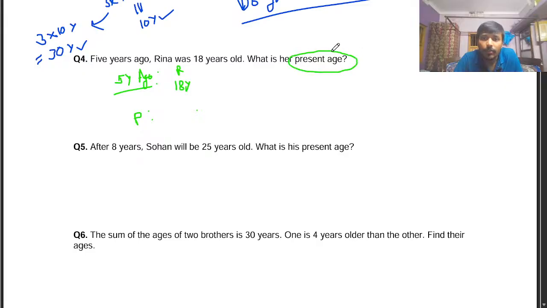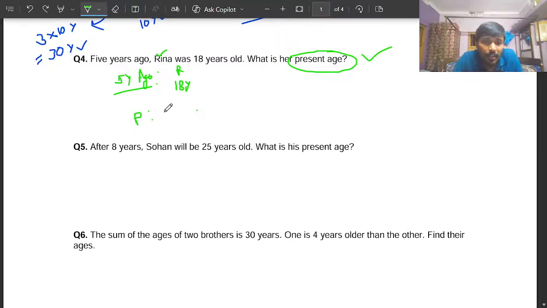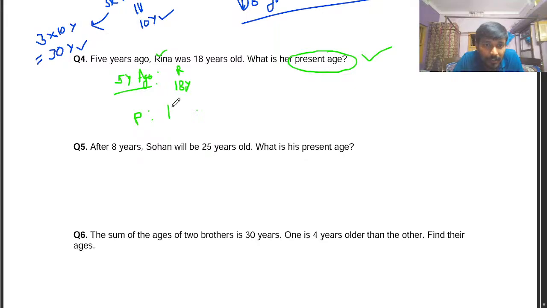We have to find out the present age of Rina. So 5 years ago, this was her age. Then now her age will be increased by 5 years.